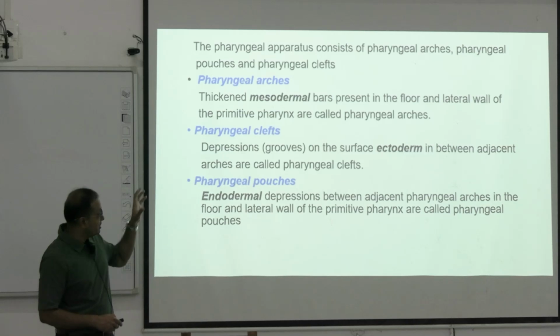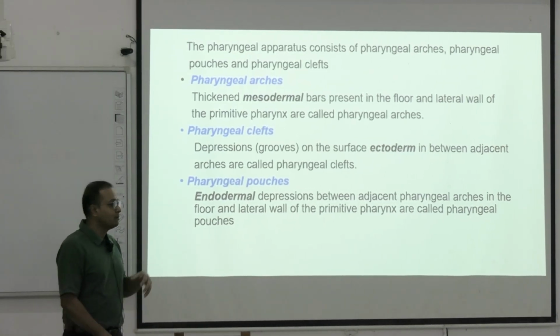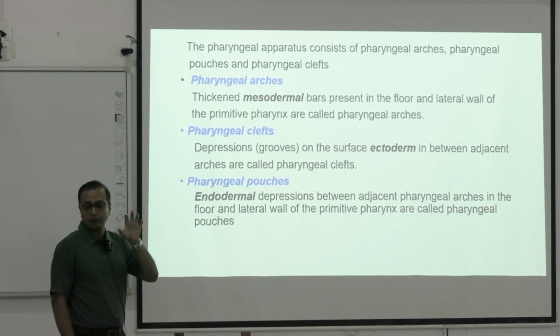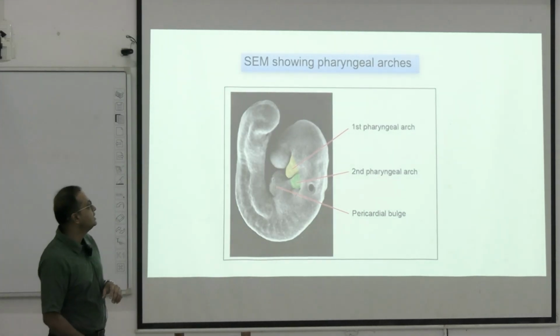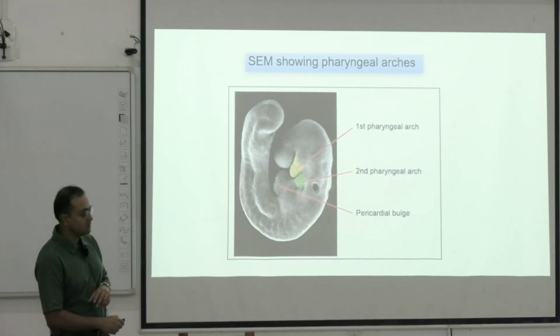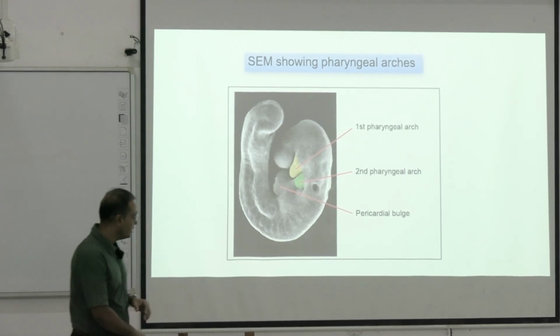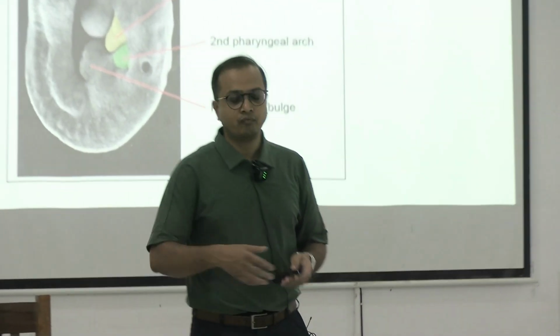This mesoderm has two sources, which we learned about. The muscles and elements present in it are supplied by particular destined nerves and arteries. The first pharyngeal arch is different from the second pharyngeal arch, and so are the third, fourth, sixth, and so on. We will talk about its further development later.